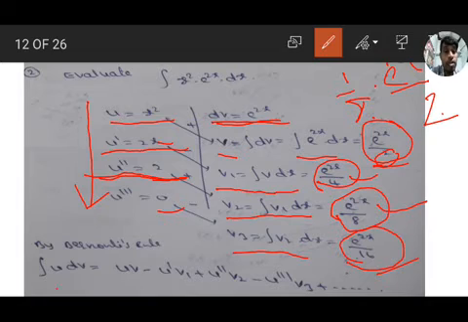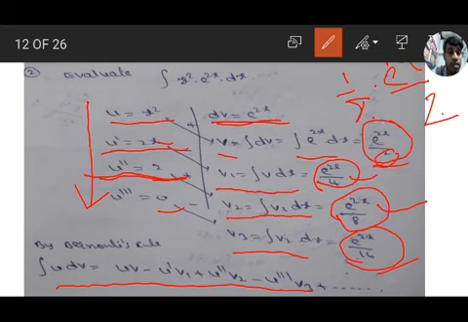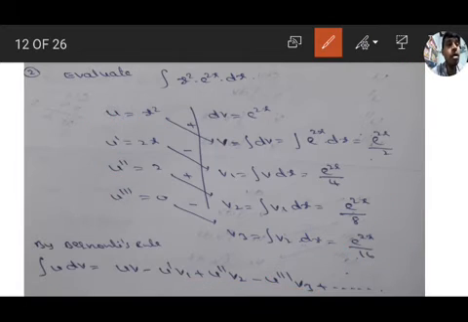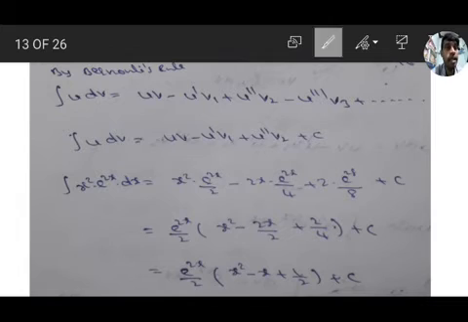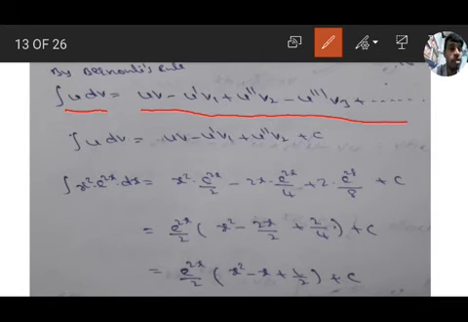By Bernoulli's rule, the integration of u dv equals uv minus u dash v1 plus u double dash v2 minus u triple dash v3 and so on. Substituting in the formula, we have derivatives up to u double dash only; u triple dash onwards is 0.